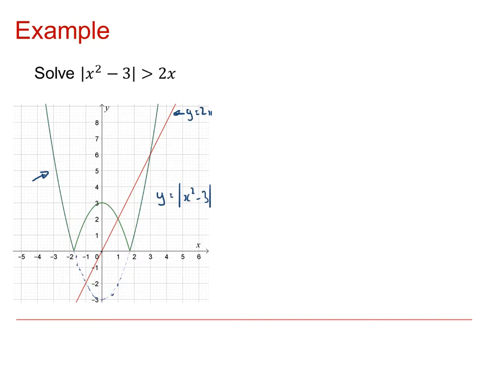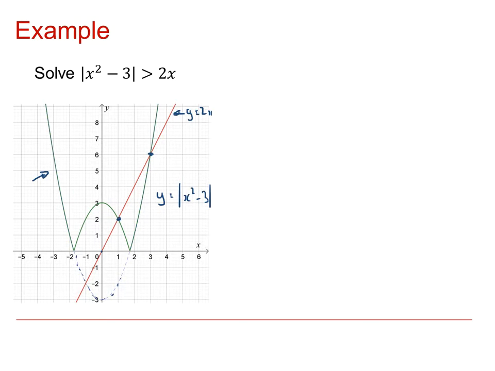Now we can see on the graph we've got the intersections at these points. However, of course, we want to find the x values algebraically, so we can't rely on the graph to give us an exact value necessarily. So let's look at how we can use the algebra to find these critical points where the graphs cross.